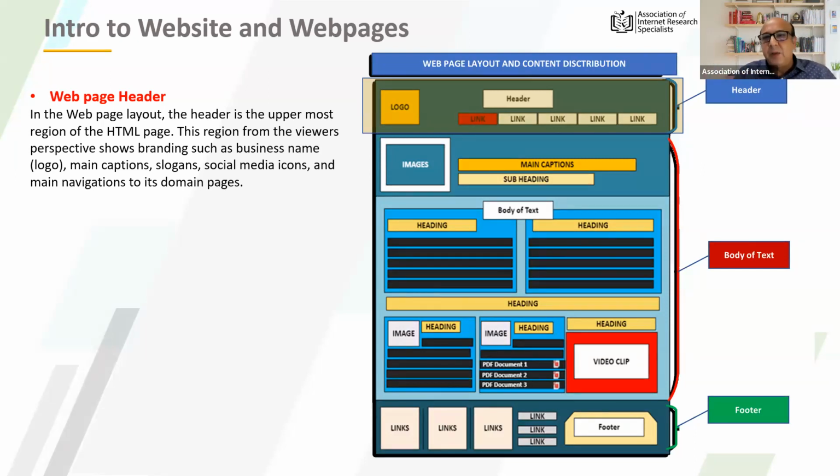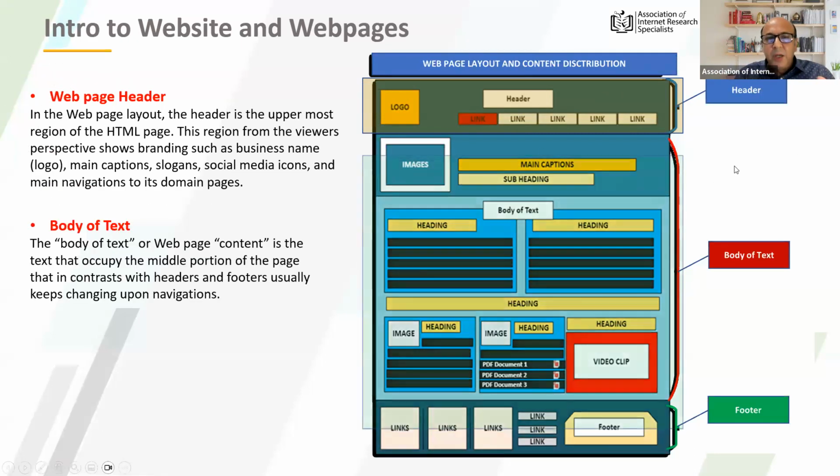Typically, the page itself has a header, which is where you see the logo and the top links. Sometimes you see the search bar at the top and a few other items. The portion shown here at the top is the header of this page. The next part is what we call the body of text, which is the middle part.